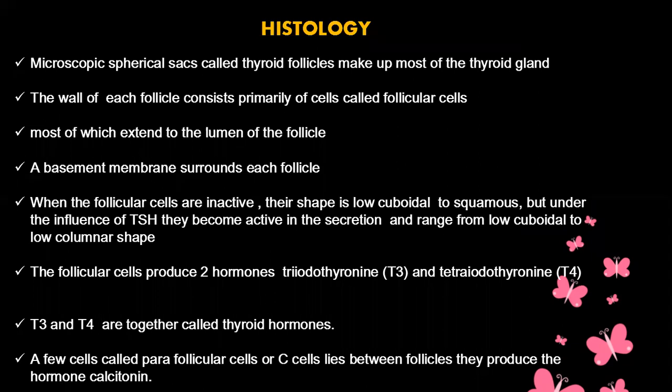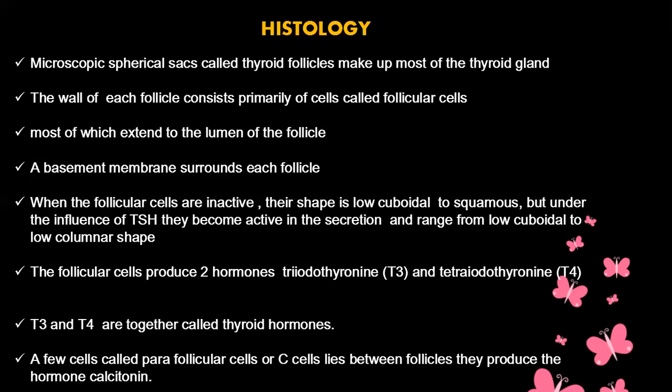When it is inactive, meaning when there is low hormonal secretion, the shape changes from low cuboidal to squamous, meaning cube shape to flat squamous shape. But under the influence of thyroid stimulating hormone, these follicles become active and the shape changes from low cuboidal to low columnar shape.